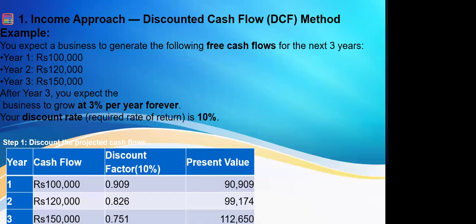Now, up to 3 years, it is okay. But after year 3, there's a growth rate, then you have to change the formula. It is given here.